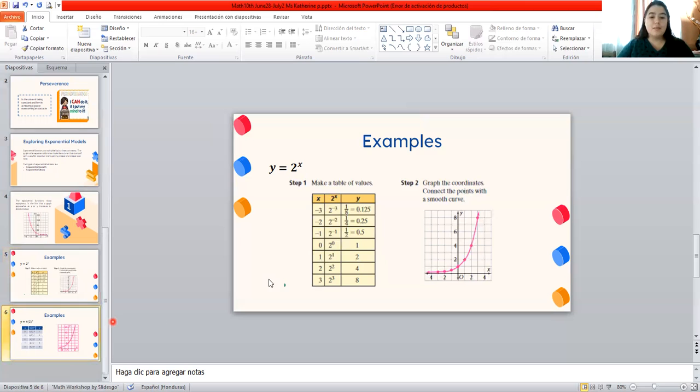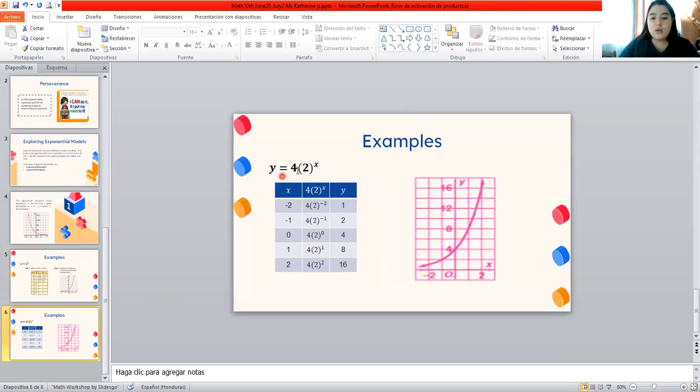Another example, we have y equals 4 times 2^x. We have the values for x: -2, -1, 0, 1, 2. The equation changing the value for x, -2, so that's why we have -2 here, -1, that's why we have -1 here, 0, 1, 2.